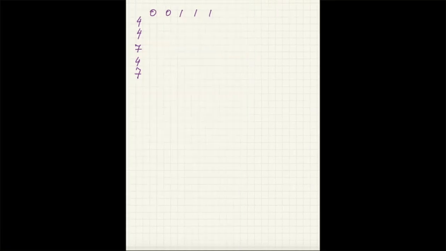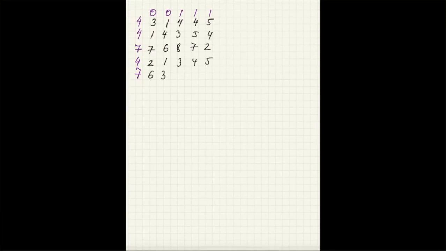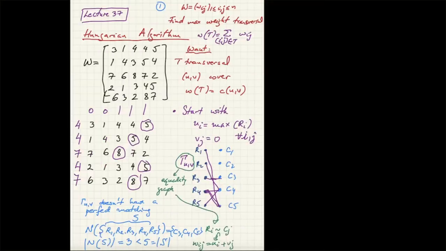And the entries in the matrix are the same, so 3, 1, 5, 4, 3, 5, 4, 7, 6, 8, 7, 2, 2, 1, 3, 4, 5, 6, 3, 2, 8, 7. So the matrix W is the same, and you see the cover weights have changed as they're written here.